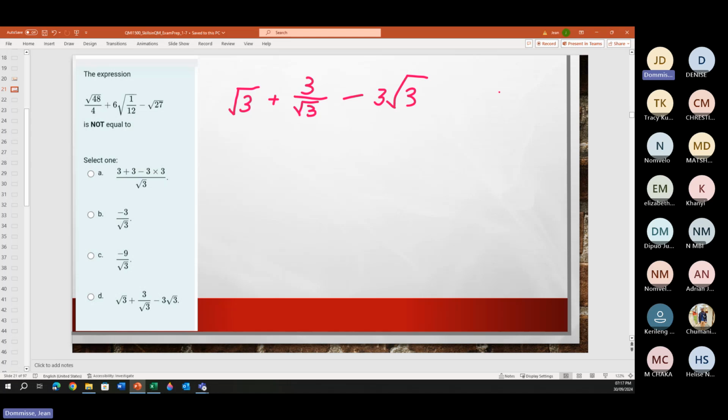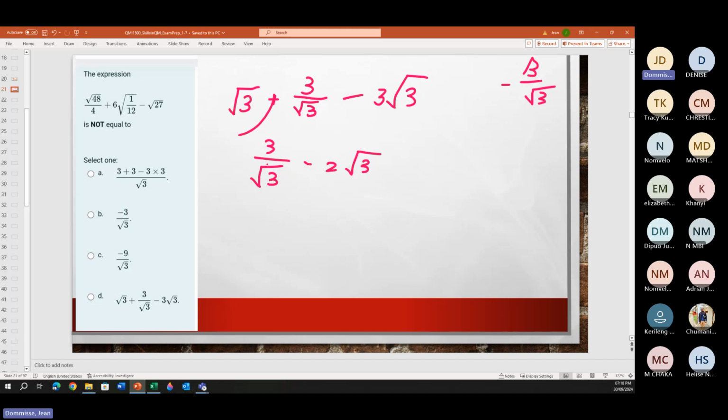So let's just see how do we get that our answer is minus 3 over that. And so we can say that and that added together. So we have it as that.